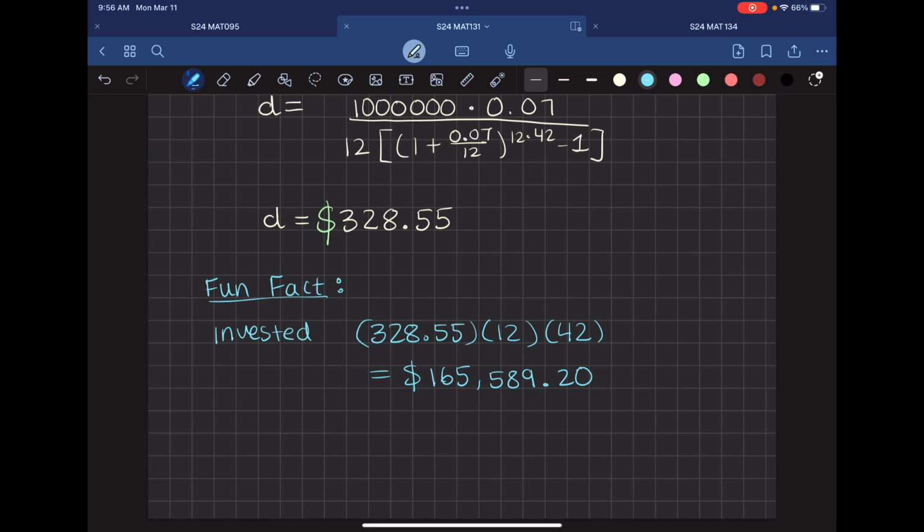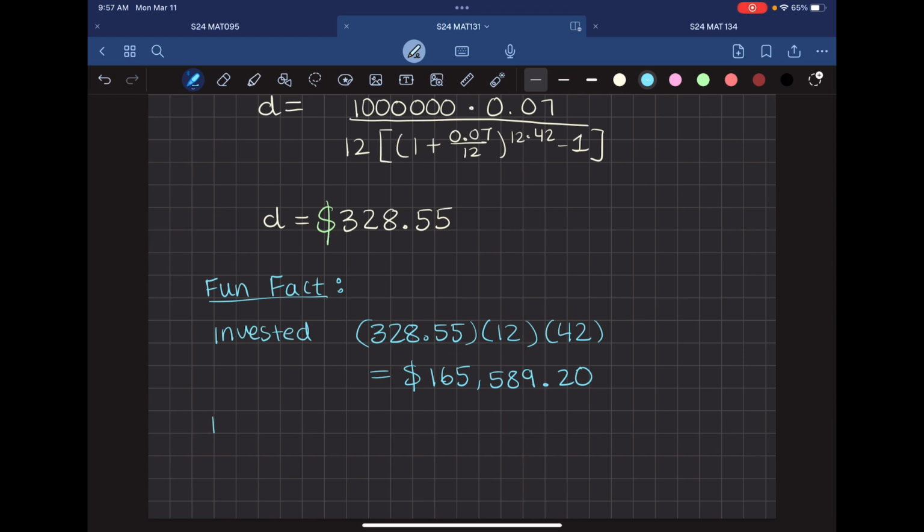And I just want you to notice that over time, you invested less than $200,000, but at the end you have this $1 million. That's really cool. So you put in less than 20% of what ended up being the balance, right?